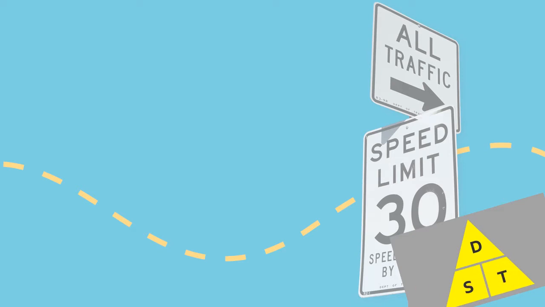So D is equal to S and T beside each other, that's multiplication. S times T, or speed times time. So that's the formula for distance.